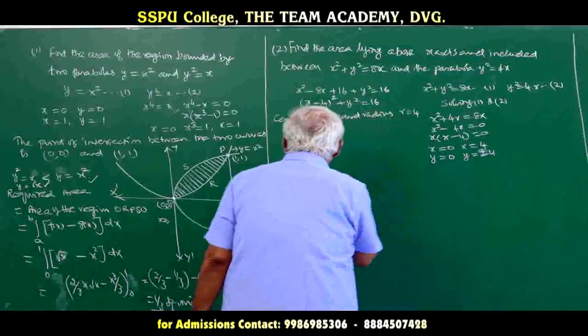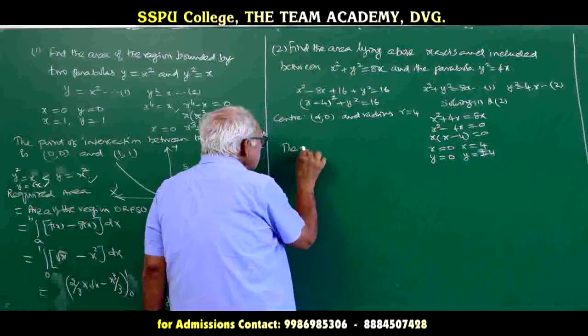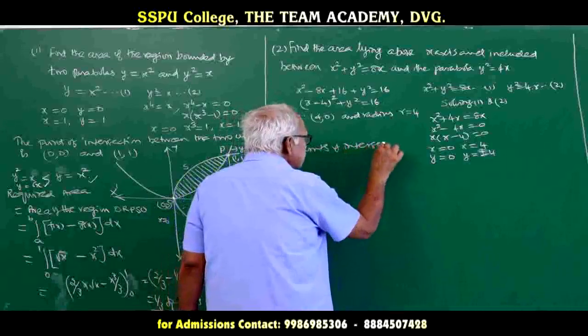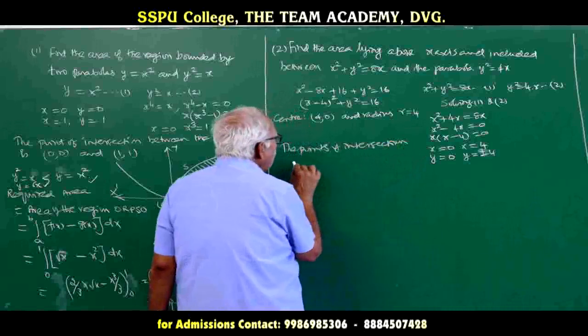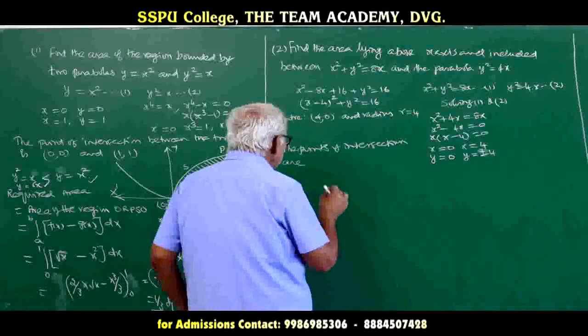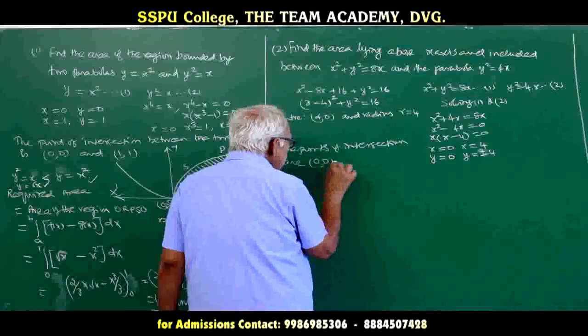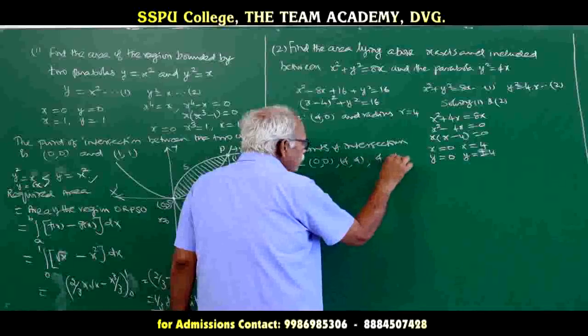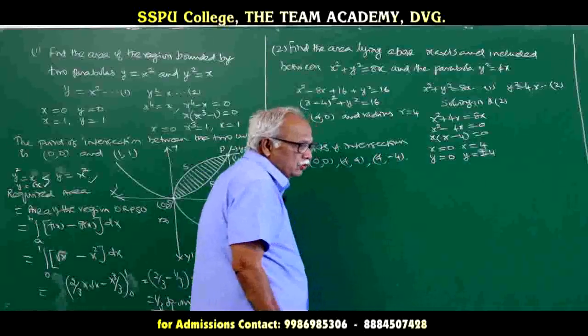So, the points of intersection are 0, 0; 4, 4; and 4, minus 4.